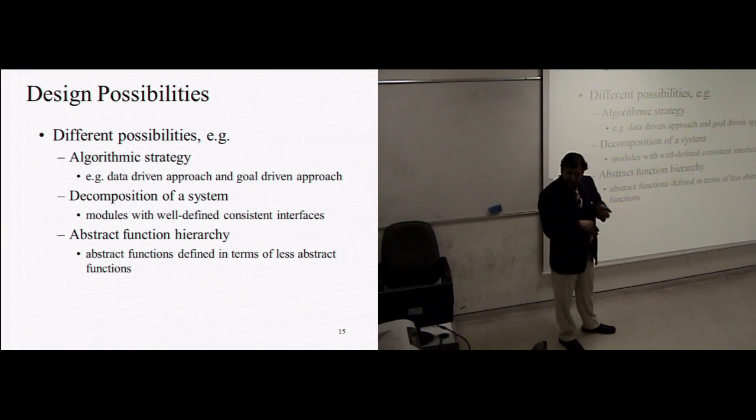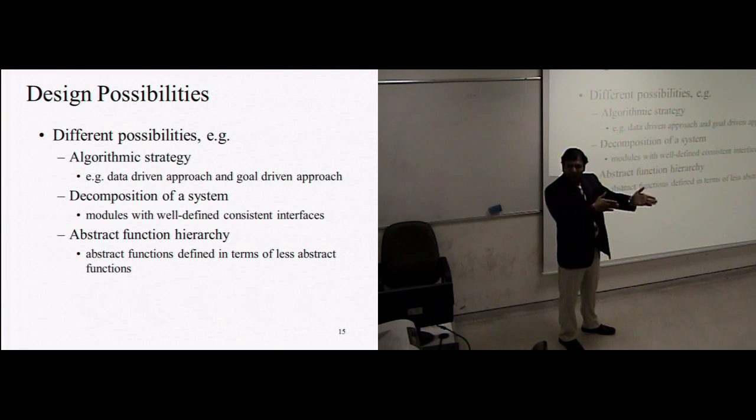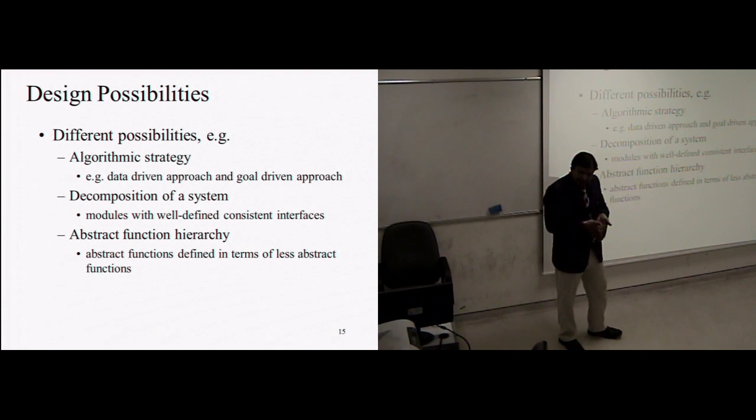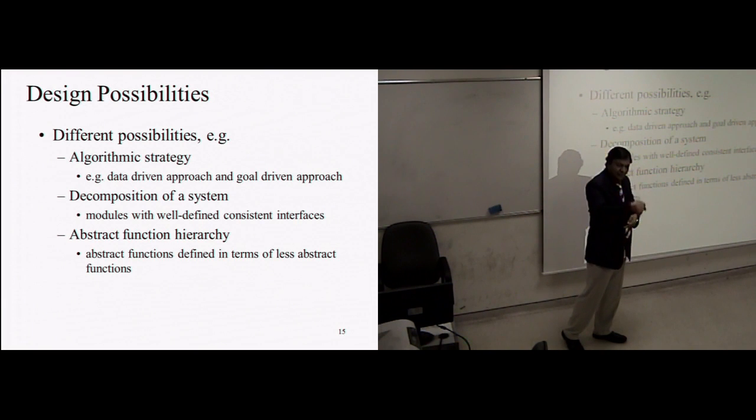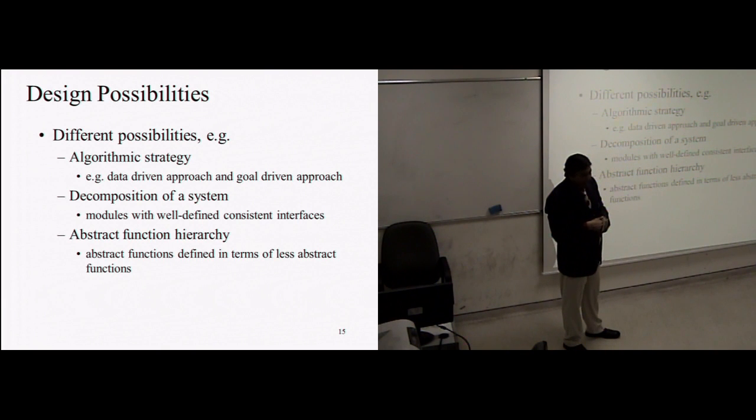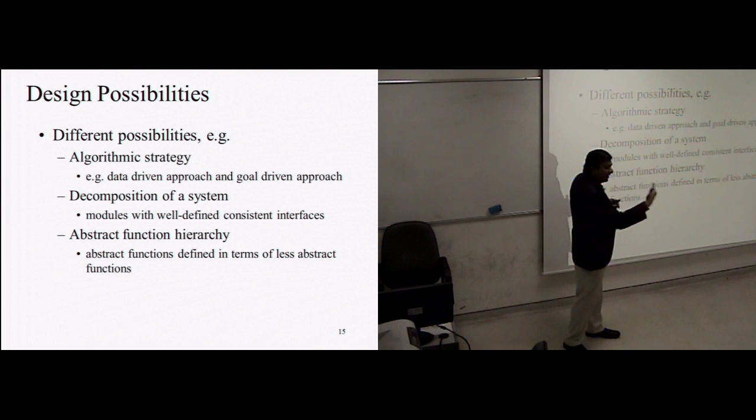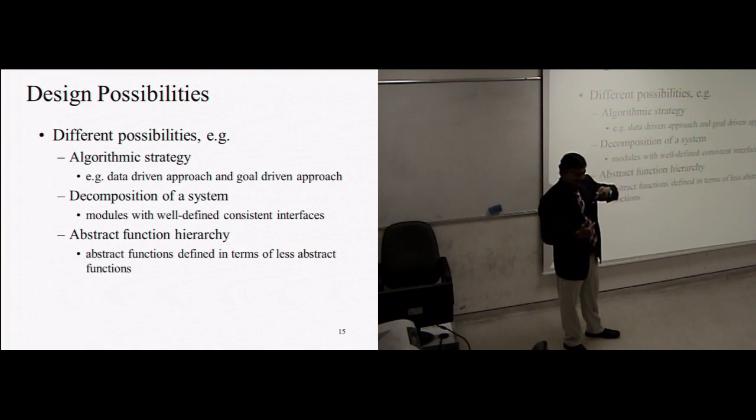So you know your goal. From the data, from the starting point, you move towards your goal, whereas in the goal driven approach you start from the goal and move towards the start. What are the possible alternatives? Like bottom up, you move from bottom to top.